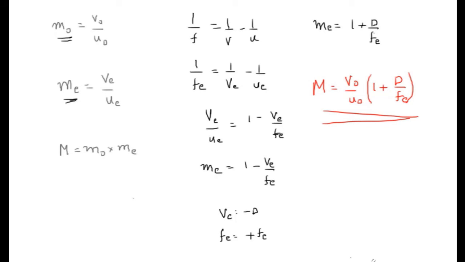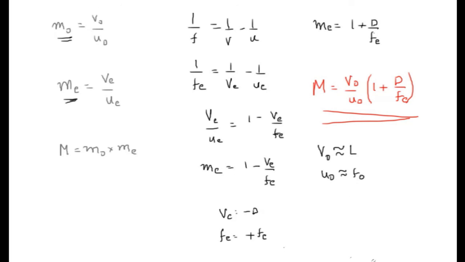Now, what we can do is approximate a few things and write in terms of the length of the tube. So VO is approximately equal to L, where L is the length of the microscope. And UO is approximately equal to FO, which is the focal length of the objective. So the two approximations are: VO is almost equal to L, and UO is almost equal to FO.